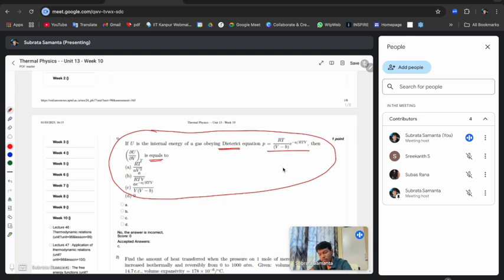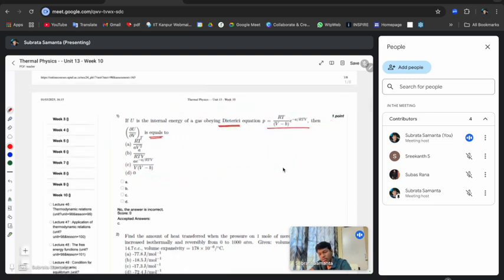First, what is the equation of state? The equation of state is the Dieterici equation, P equals RT over V minus b, times e to the power minus a over RTV.